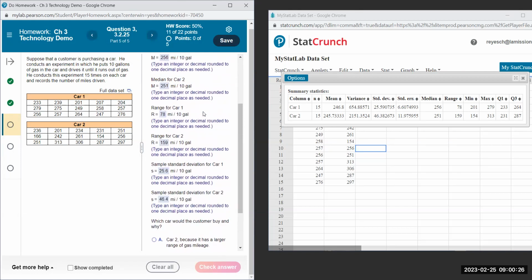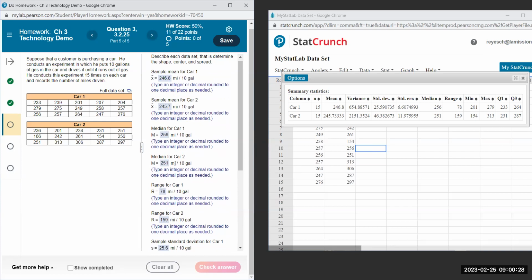Now, if our data was skewed, then I wouldn't go with the mean, I would go with the median. For car 1, it would be 256 miles per tank, give or take something, and for car 2 the median would be 251. And it turns out that the typical values, if your data is skewed left or right and you're going with the median, end up being these last two values here.